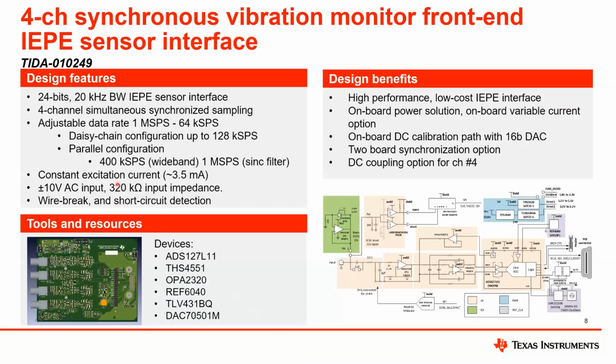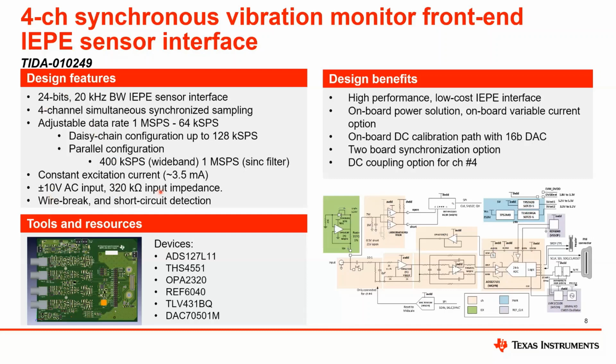It can also go beyond the 20 kilohertz up to 200 kilohertz IEPE sensor interface. The interface design accepts plus minus 10 volts of AC input and implements wire break and short circuit detection in case of malfunction of the sensor.